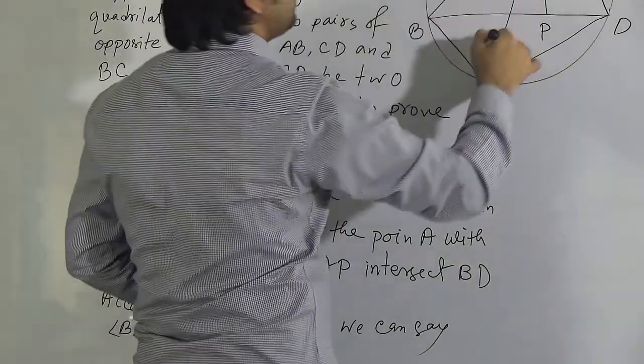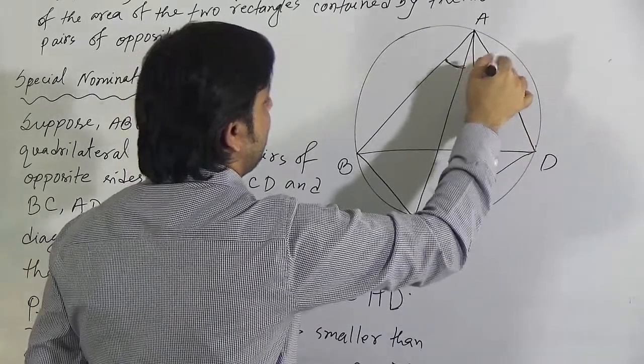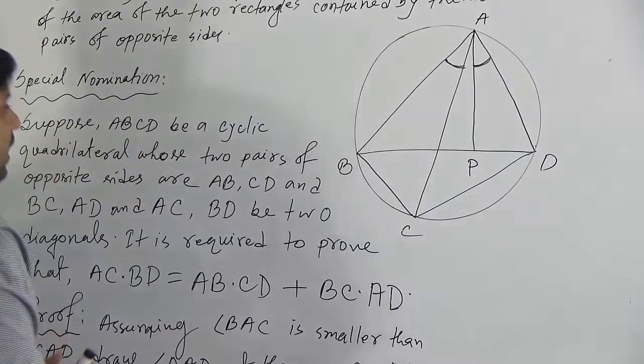This BAC means this angle and DAP means this angle. According to the construction, these two angles are equal.